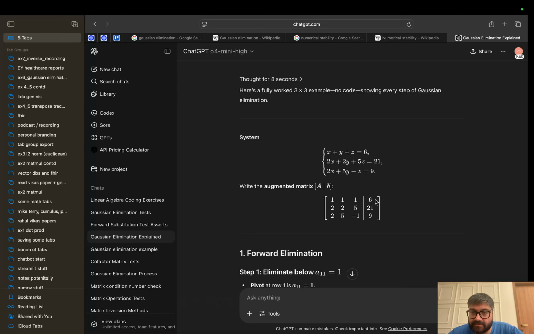And then 6 times 2 is 12, 21 minus 12 is 9. So it'll be 0, 0, 3, 9. And then you could swap this one with this one, because since these are two zeros, we know we can just put that down as the last row. We can swap this row with the middle row.